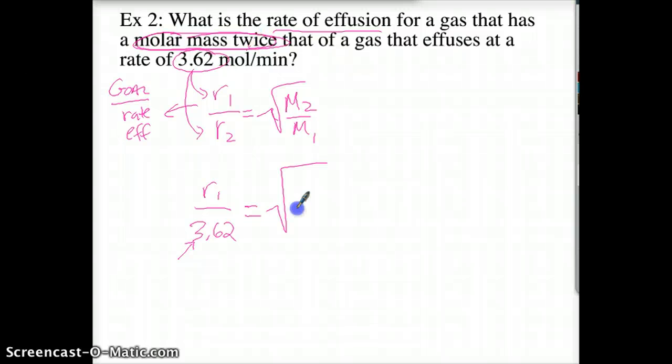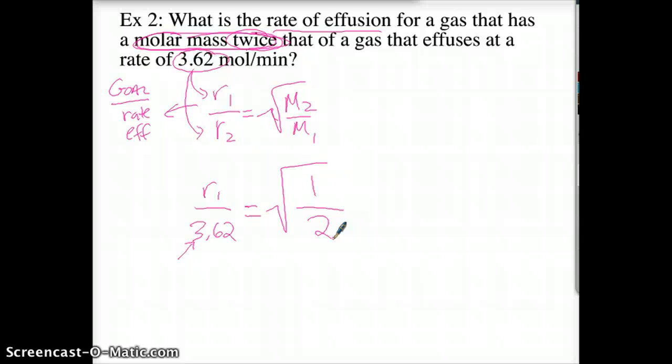It doesn't matter really what we plug in as long as the ratio between the two is 2. So, for example, if the molar mass of gas 2 is 1, then the other gas has a molar mass of twice that, so that molar mass has to be 2. Done. We set it up.